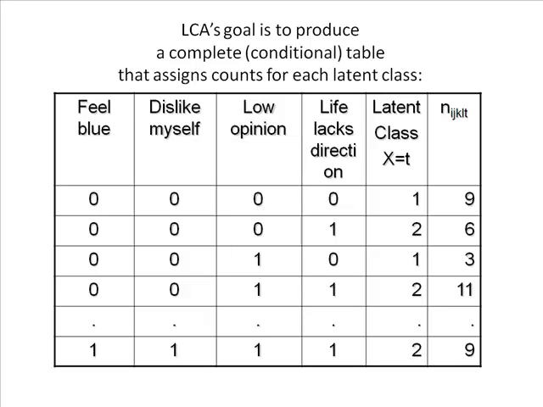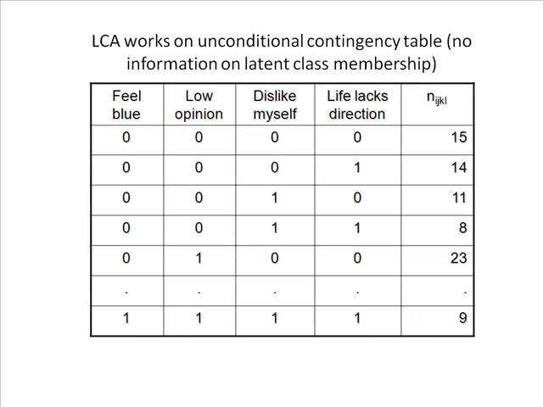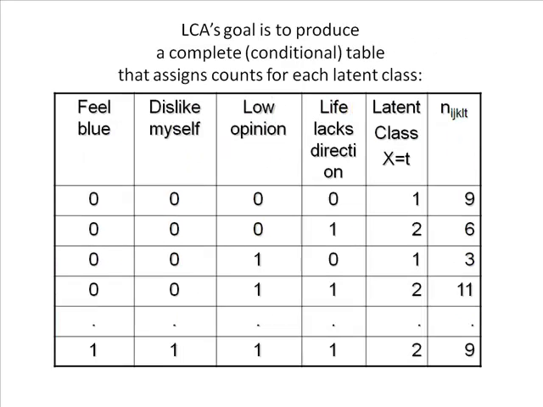Similarly, for this combination where I've got 0 on the first 3 observed characteristics and 1 on my life lacks direction, my model estimates that I expect 6 people in latent class 2, the not depressed category, which means that given there are 14 in total in my observed data, I expect there to be 8 people in latent class 1. So that's what latent class analysis does, basically.